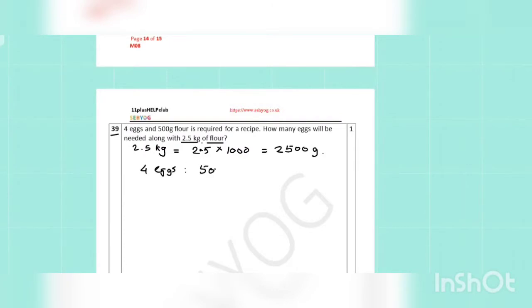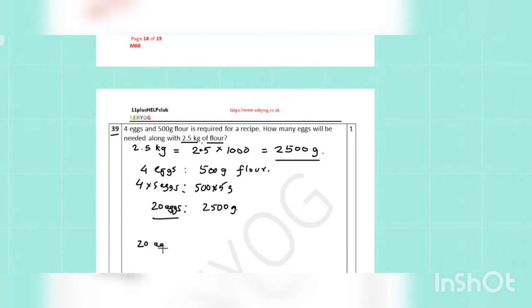And we can see we have 2500 gram of flour, which is 5 times the amount in the ratio. So 500 times 5 will give us 2500 gram of flour. Similarly, 4 eggs times 5 will give us the number of required eggs for that. That is 20 eggs. So our answer is 20 eggs are required.